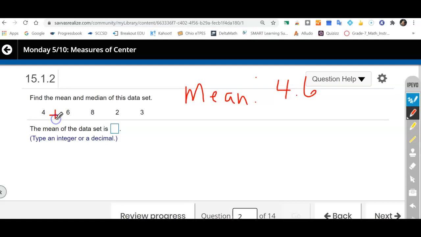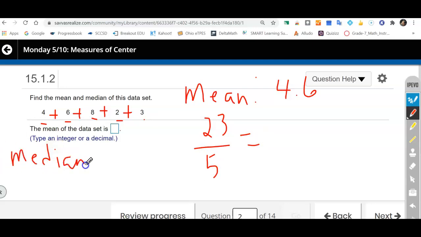Yes, because when we add all of these up, we got 23. So we got 23, and then we had to divide by 1, 2, 3, 4, 5 numbers. And that's how we got the 4.6. The median, we had to put them in numerical order. So that was 2, 3, 4, 6, 8. So the median was 4. How many people got both those right? Good job.